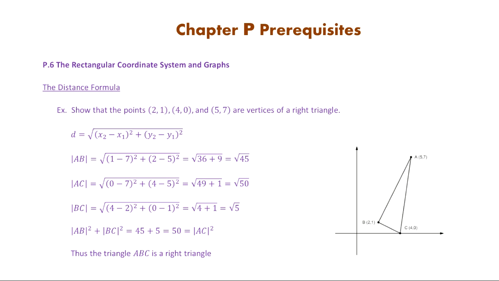And we know that's exactly what we have in a right triangle. In a right triangle, the sum of the squares of the two legs is the square of the hypotenuse.